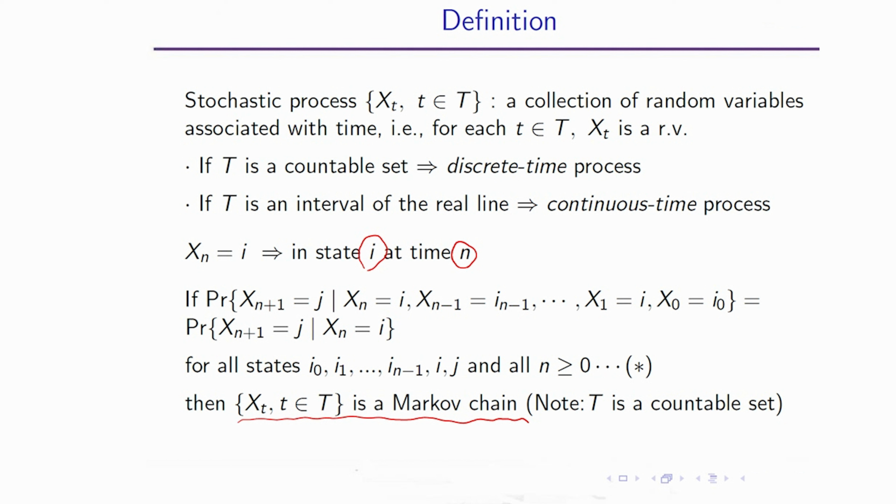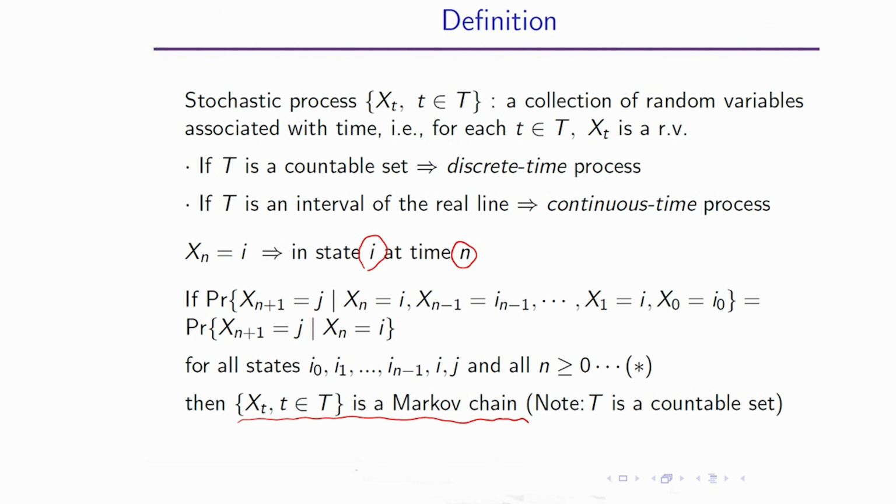The Markovian property states: if the conditional probability of X_{n+1} = j, given X_n = i and X_{n-1} = i_{n-1} up to X_0 = i_0, is equal to the conditional probability of X_{n+1} = j given X_n = i, then this is called the Markovian property.